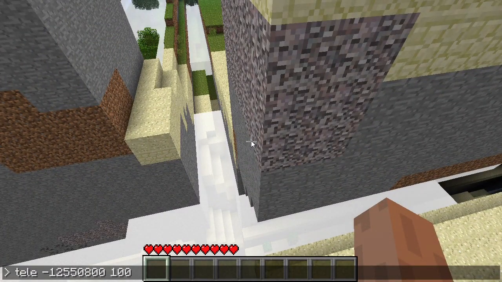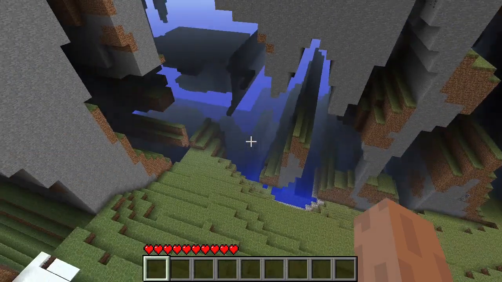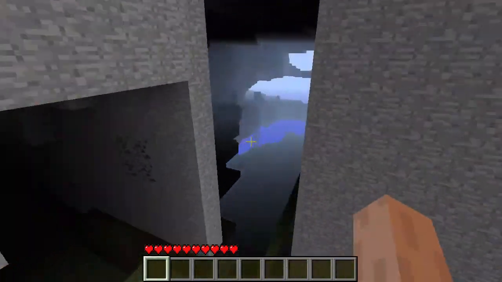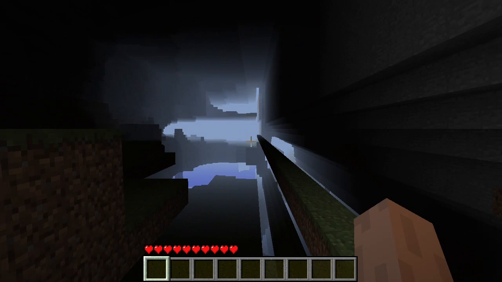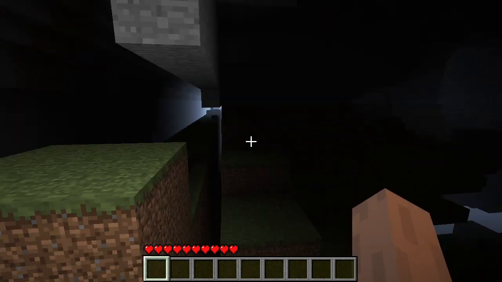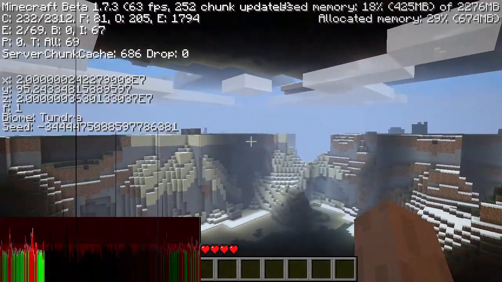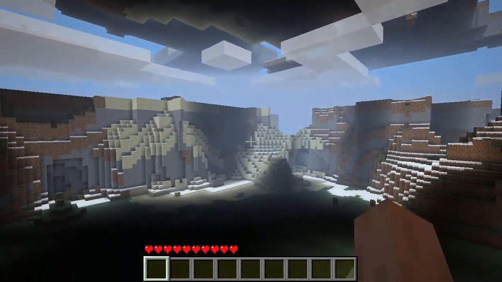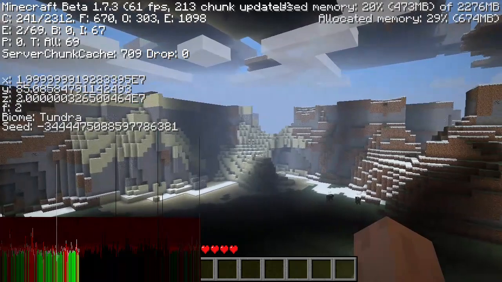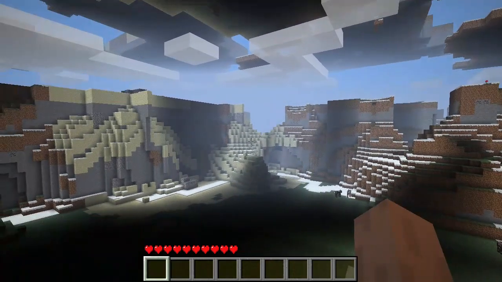And if we teleport to the southwest quadrant here, we see that it mirrors the x side of the main quadrant, and its z side is an inversion of that in the main quadrant. Another seed where this inversion phenomenon is apparent is -3447508597786381.